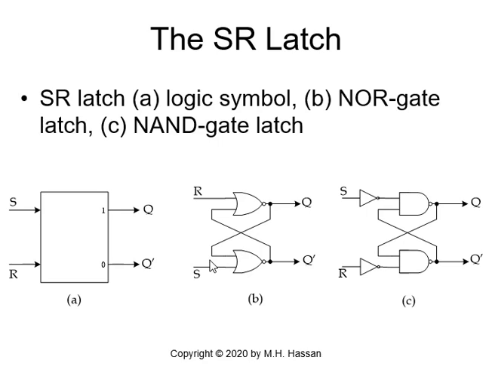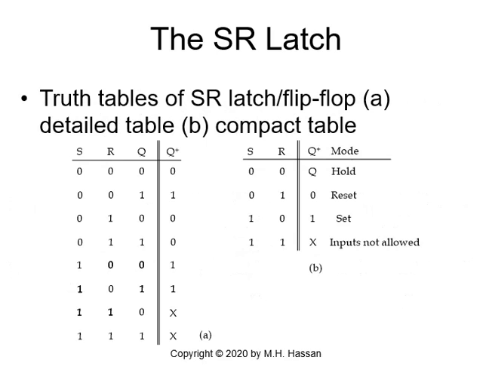Now 0 NOR 0 will be 1, so Q prime plus will remain 1. So Q changed from 0 to 0, and Q prime changed from 1 to 1. It remained 1.